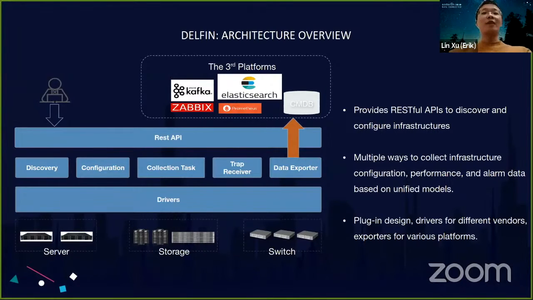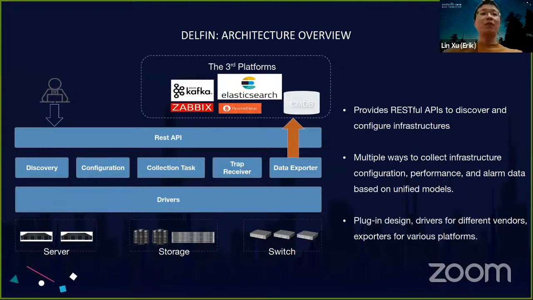To simplify the data collection, we define a unified model, which will simplify our data watching and data pushing, such as the performance metrics: IOPS, latency, or bandwidth. Considering the diversity of devices, we also define a driver interface to help developers write the adapter for different devices.